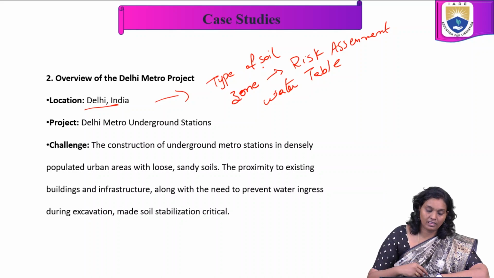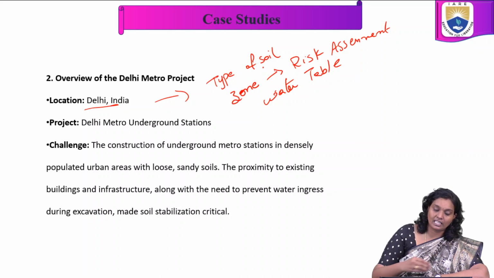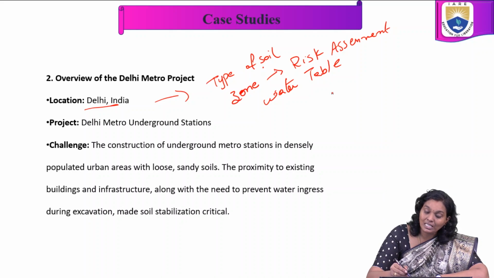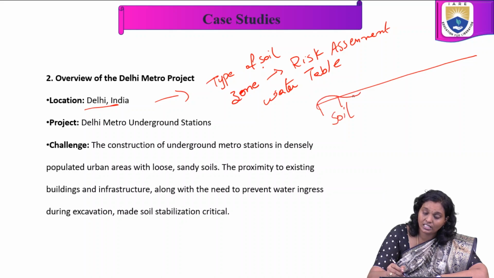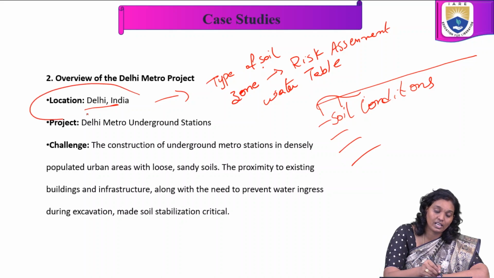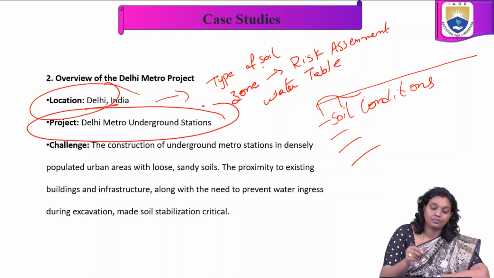Here we understand how much distance the metro rail covers, from where to where the soil conditions are similar, and where they change, and what kind of changes we observe. We have to understand all this using the location and the project.